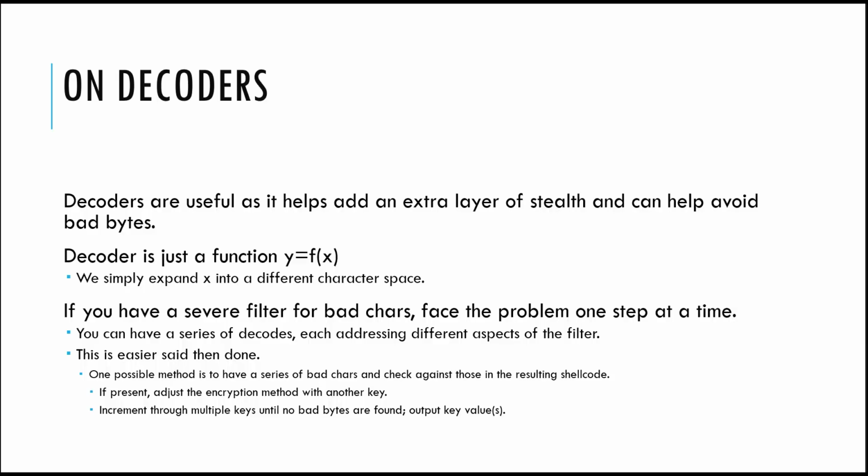I want to talk a little bit about decoders. As a reminder, a decoder is a mechanism that can allow us to add some additional stealth, some additional security. What that means is, what happens if you have some ASCII in there? Maybe you're doing a LoadLibrary on a particular function, or you're downloading something from a particular address, and that's not hashed, it's not encrypted.